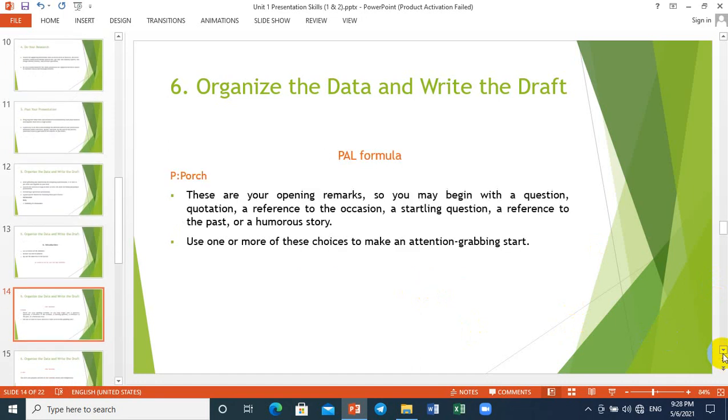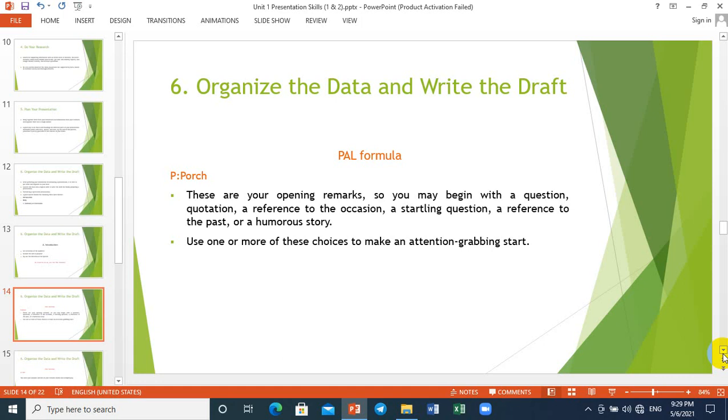Okay, P stands for the word porch. These are your opening remarks. So you may begin with a question, a quotation, a reference to the occasion, a startling question, a reference to the past, or a humorous story.